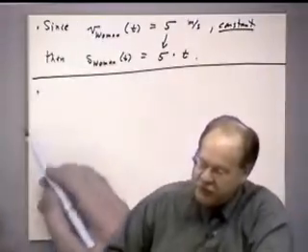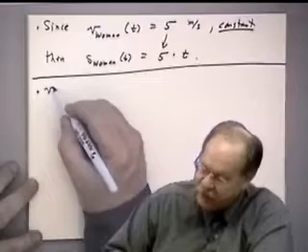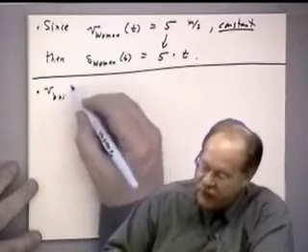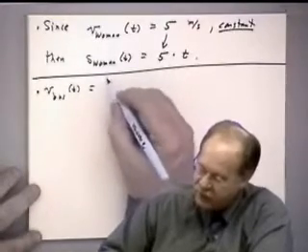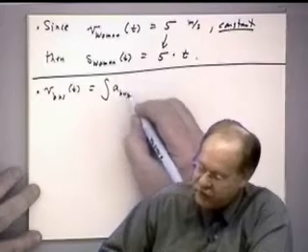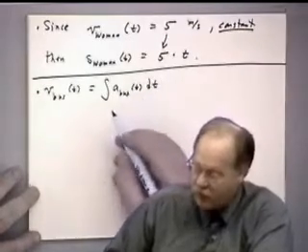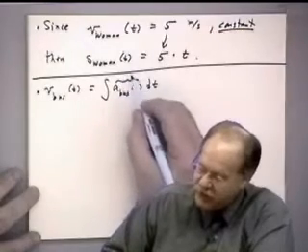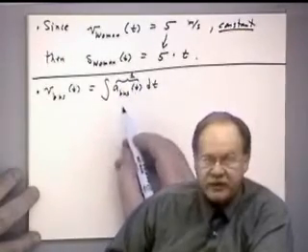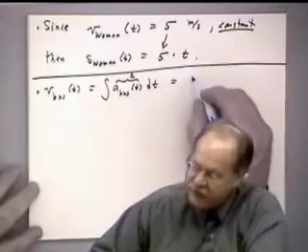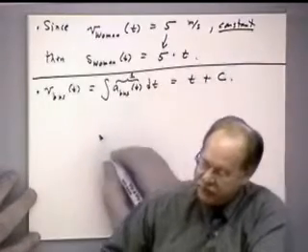Now we have to get the position function for the bus. We have to work a little harder. The velocity for the bus can be gotten from the acceleration for the bus by finding the indefinite integral, as we've done before. The acceleration was given to be 1 meter per second squared, so this integral just gives us t plus c.